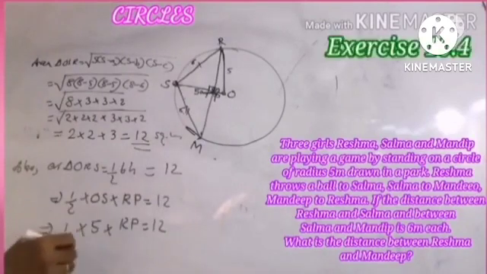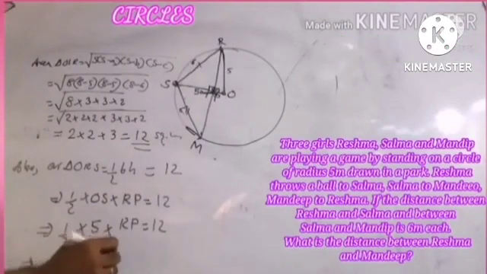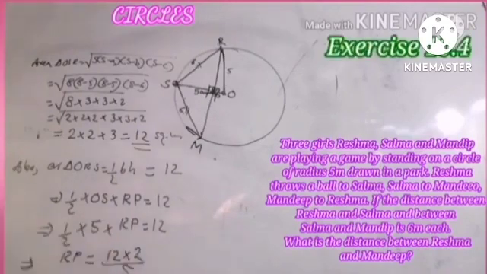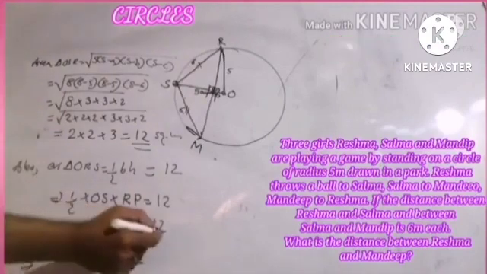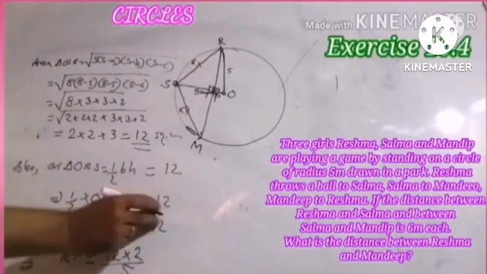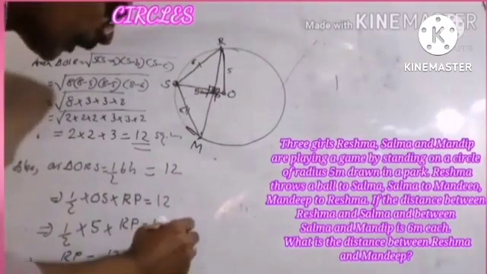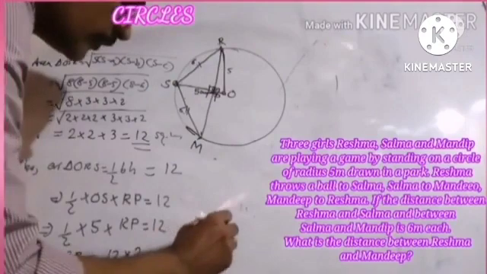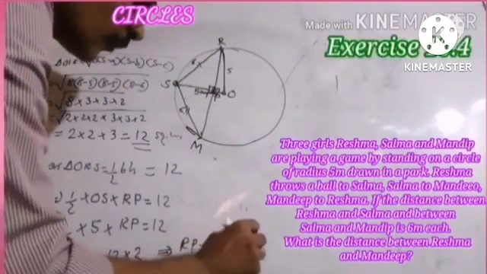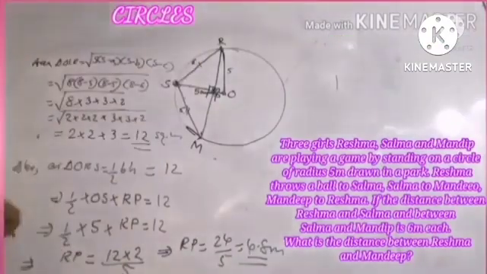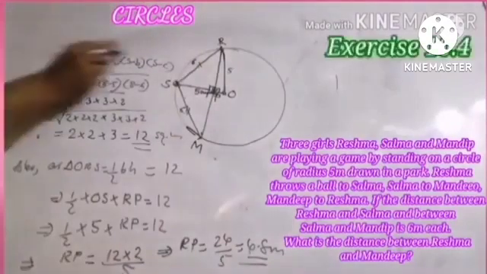So RP equals 12, this 2 becomes into 2, then this becomes by 5: 12 into 2 by 5. The numerator becomes the denominator and the denominator becomes the numerator when transposing, which implies RP equals 24 by 5, that is 4.8 meter. RP is 4.8. And therefore, what is to be found here?